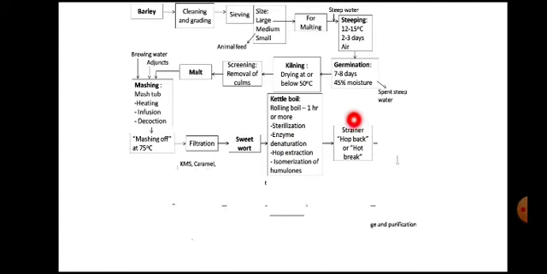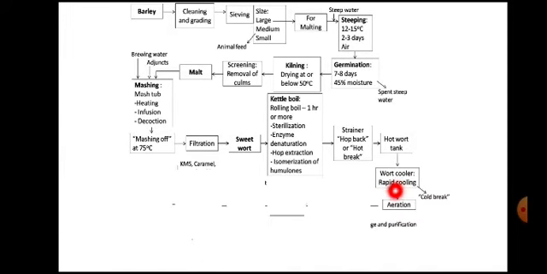So whatever the insoluble material that remains, it is called as hop back, or it is also called as hot break. So this hot break is separated from this hot wort that will go to a hot wort tank where the wort is cooled.